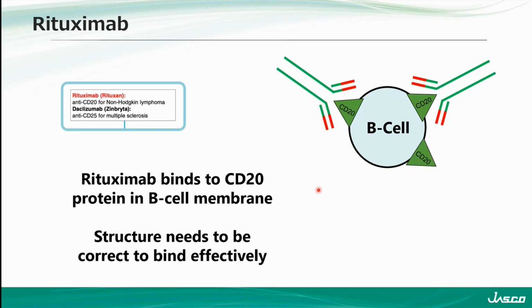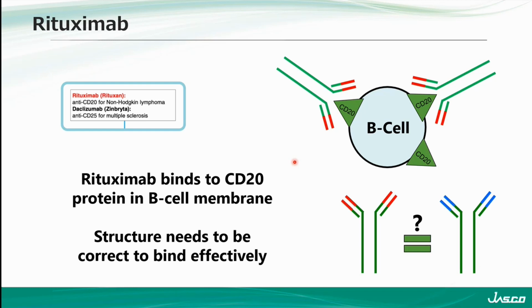And we really need to make sure that if we have done any sort of manipulation where we have maybe human region or murine region in our monoclonal antibody, everything is structurally how we think it should be. And so in this case, let's imagine that this antibody is one that's been on the market a while. We know that it works well, that it's structurally stable. And the question is, if we now maybe have developed a new method of formulation or of producing these antibodies, how do we know that they are actually structurally similar?